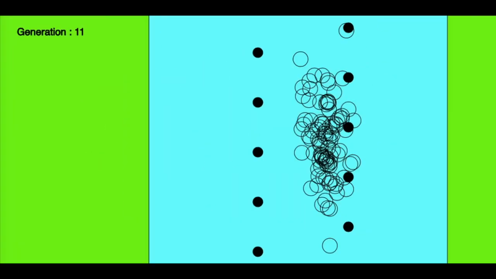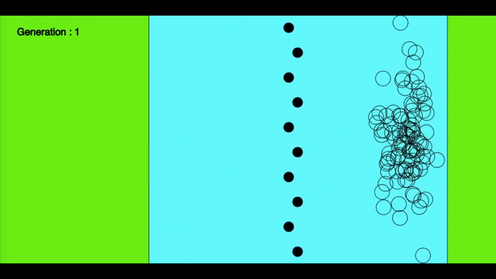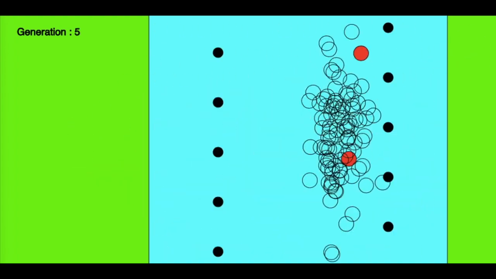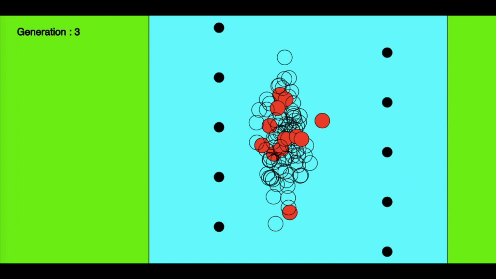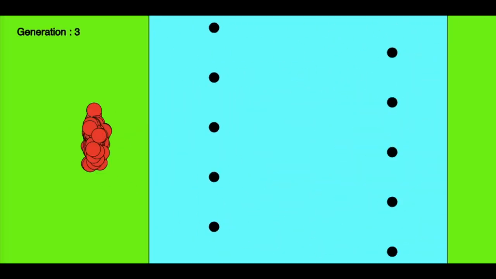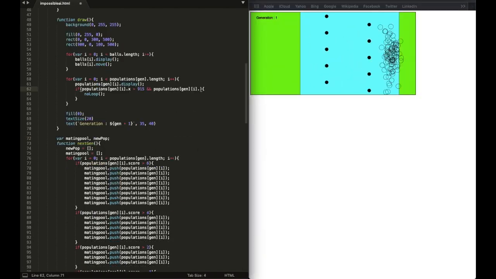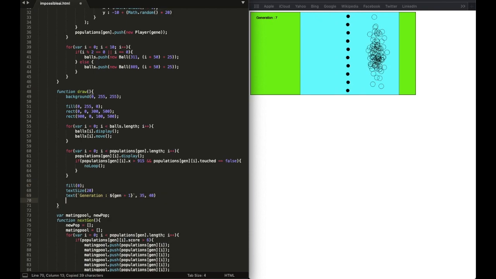This is the first try, as you can see. This is generation one, generation two, and then they just fast forward it. Then I found out that the average generation of this program was around 5. As you can see over here, it's 32 because I just changed some code, but the average generation was around 5.